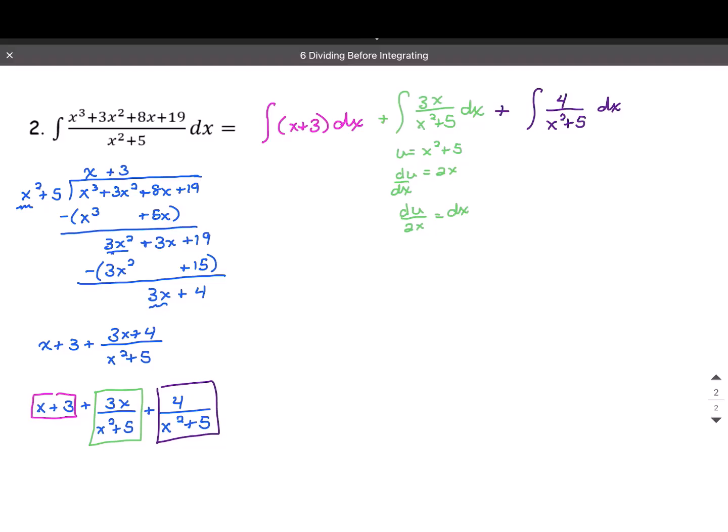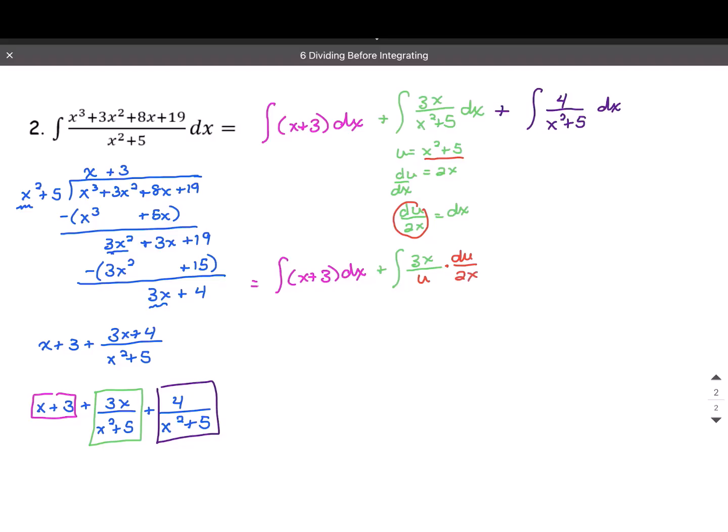So now I'm going to start rewriting. We're going to have the integral of the quantity (x + 3) dx. Then we have plus the integral of 3x over, now this x² + 5 is my u, and my dx is du over 2x.